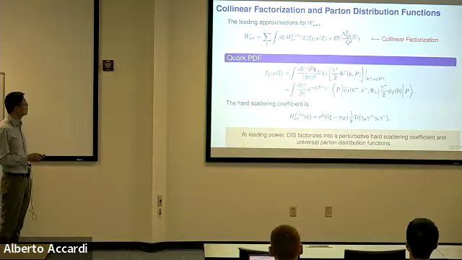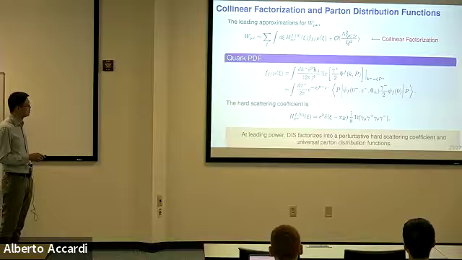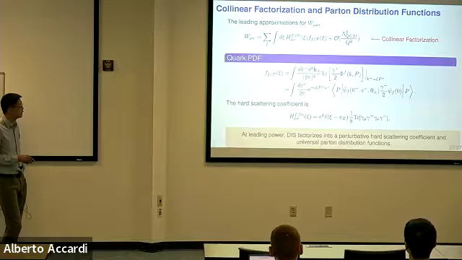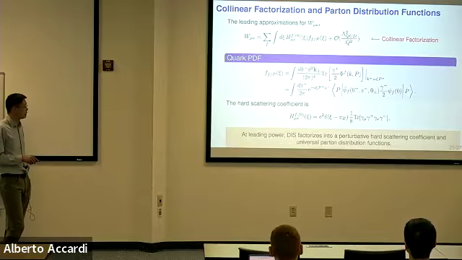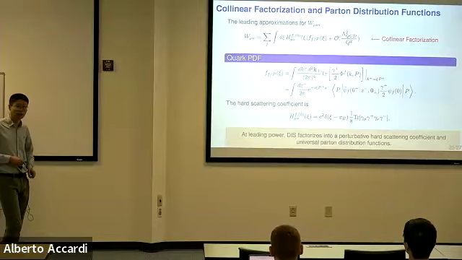But this is very encouraging, because the important message, which I'm not proving, I'm just stating, is that this PDF is actually universal. It's not just in this one process. If you can determine this PDF in the DIS process, it can be used in the hadronic lepton process.